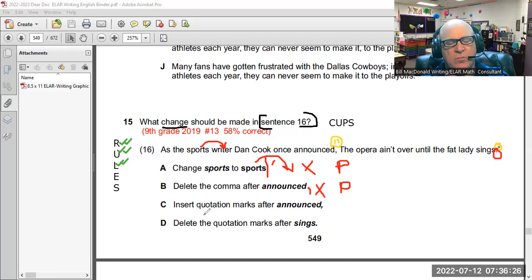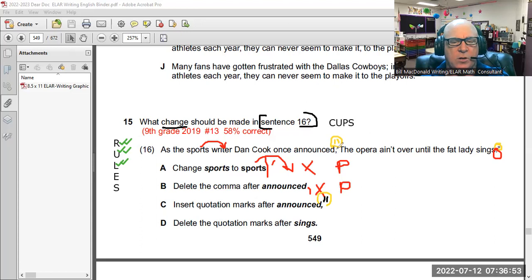Insert quotation marks after announced. So that's what they're saying. And because that would be a slowing down punctuation, let's see if that's what we said.